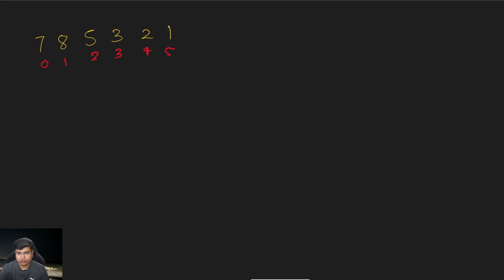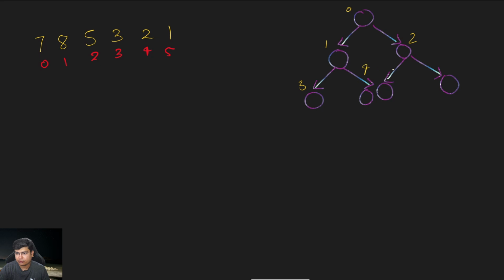Now, if we have to visualize this as a nearly complete binary tree representation of this array, let's start by drawing some nodes. From top to bottom and left to right, I'll be writing down the index numbers over here: 0, 1, 2, 3, 4, 5, and 6.